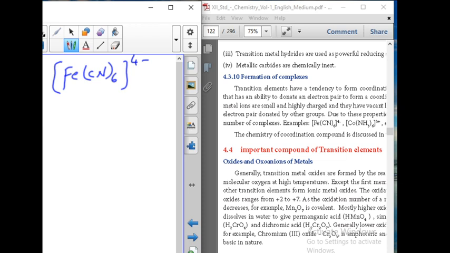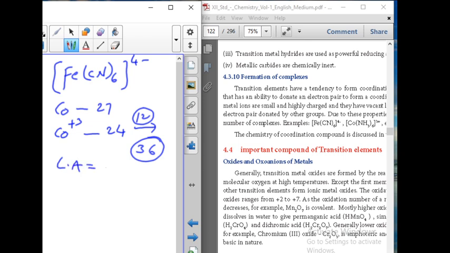See, for example, cobalt has atomic number 27, and the stable oxidation state of cobalt is plus 3. So 3 electrons lost means now atomic number 24. The next noble gas is 36. The difference between these two is 12.